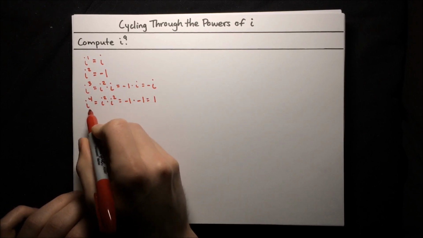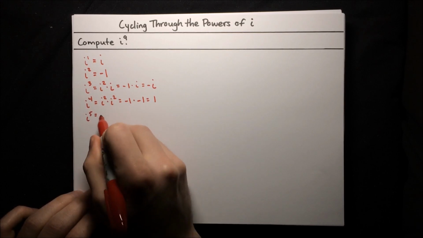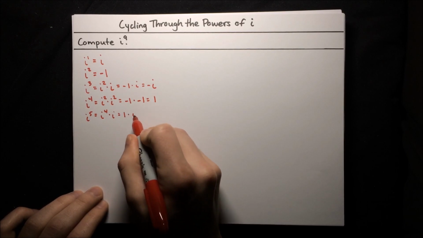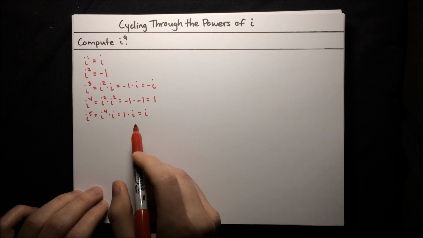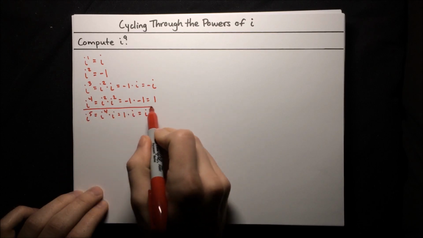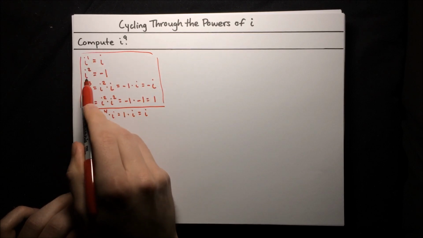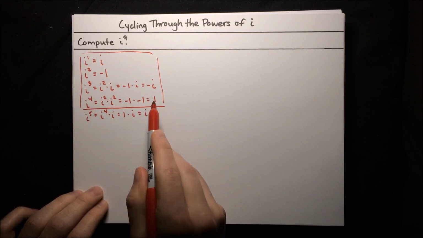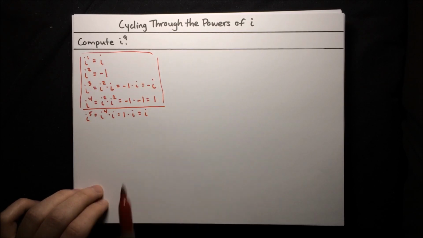Okay, so then if we continue this, since we're back to 1, i to the fifth would just be i to the fourth times i, which would just be 1 times i, which would be i, and that'd be back where we started. So these are the key powers here: i to the first is i, i squared is -1, i to the third is -i, i to the fourth is 1, and then it just keeps on repeating over and over as we cycle through the powers.